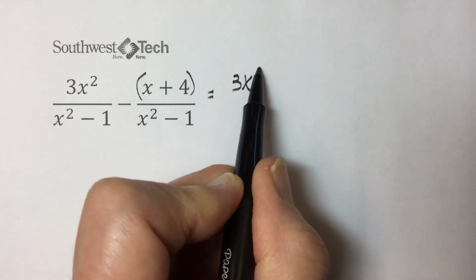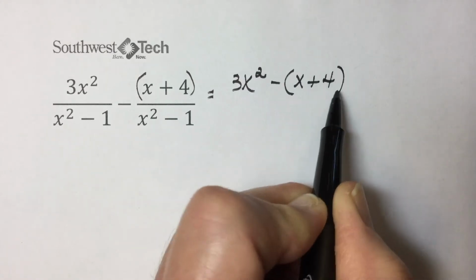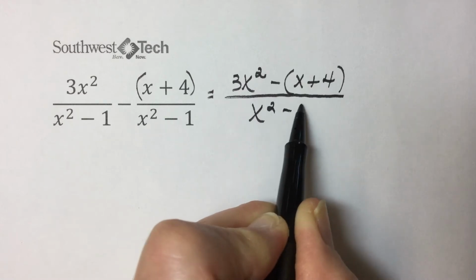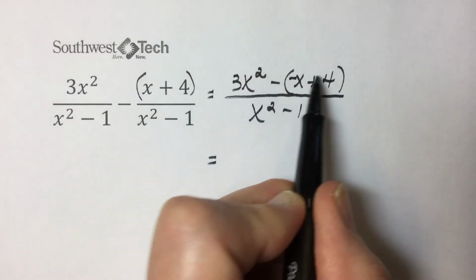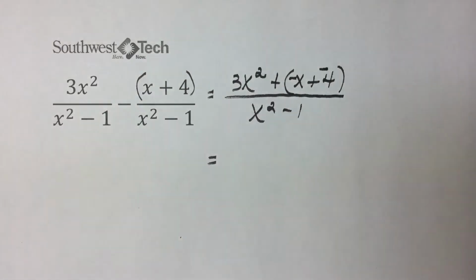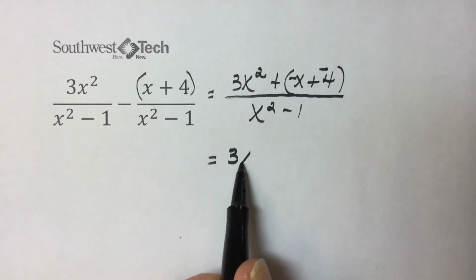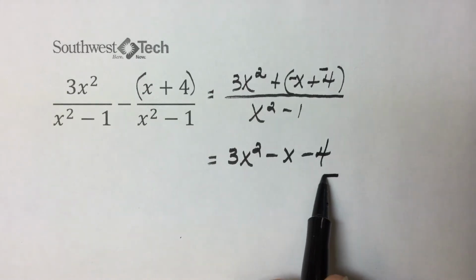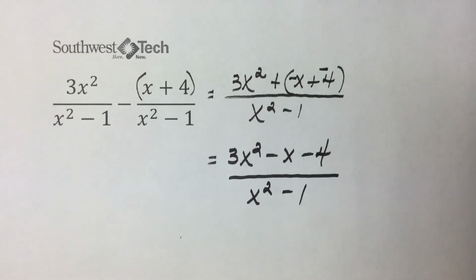So we end up with a 3x squared minus the quantity x plus 4 over that common denominator of x squared minus 1. With subtraction of a quantity, we'll change the signs and add using our definition for subtraction. None of these are similar, so we'll leave it as 3x squared minus x minus 4 when we combine those over the common denominator of x squared minus 1.